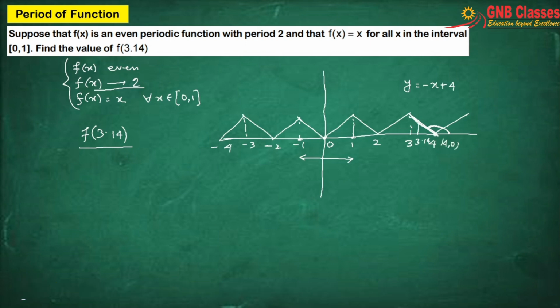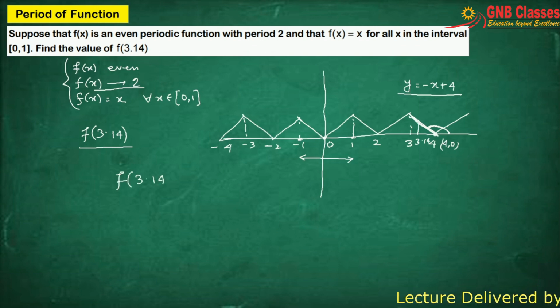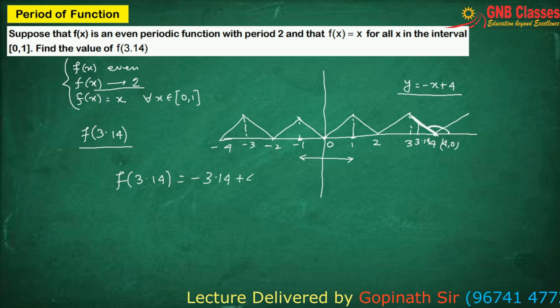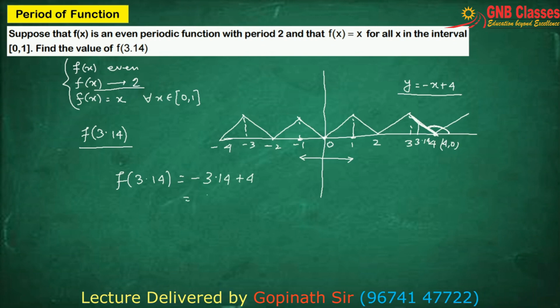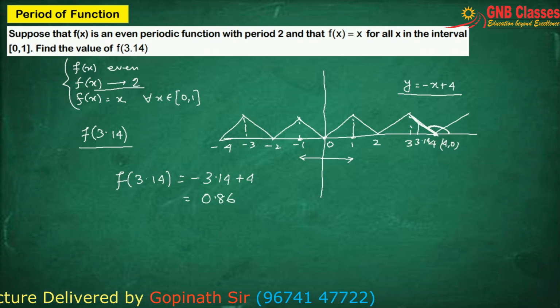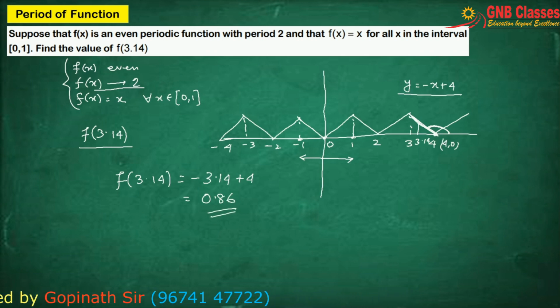Therefore, the equation of this line will be y equals minus x plus 4. That's it. Is it clear? Therefore, the value of f of 3.14 is nothing but minus 3.14 plus 4, which gives you 0.86. Is it clear? So this is your answer.